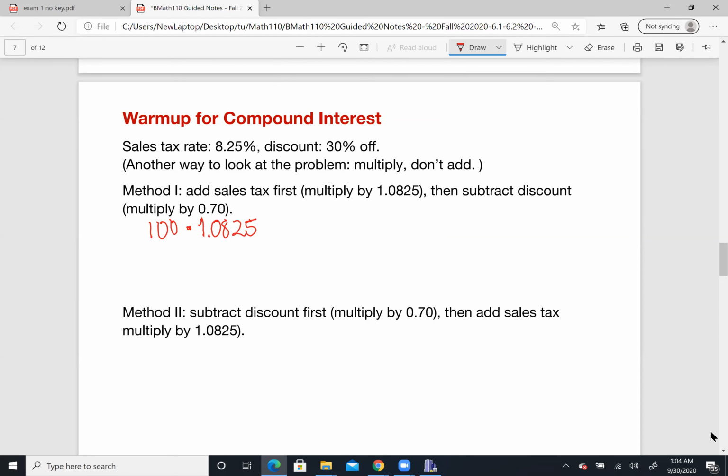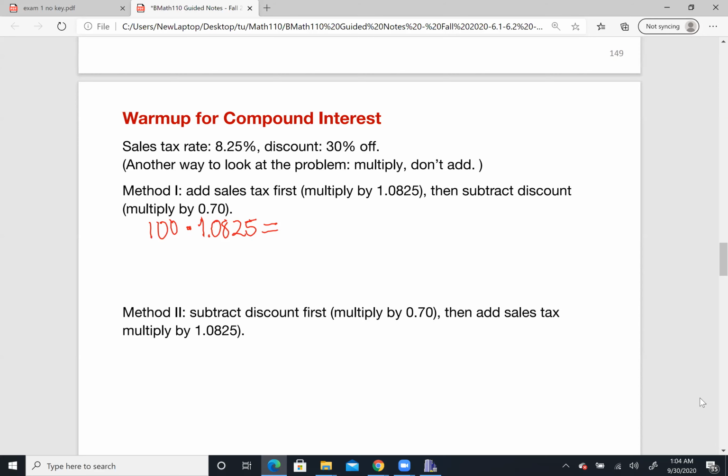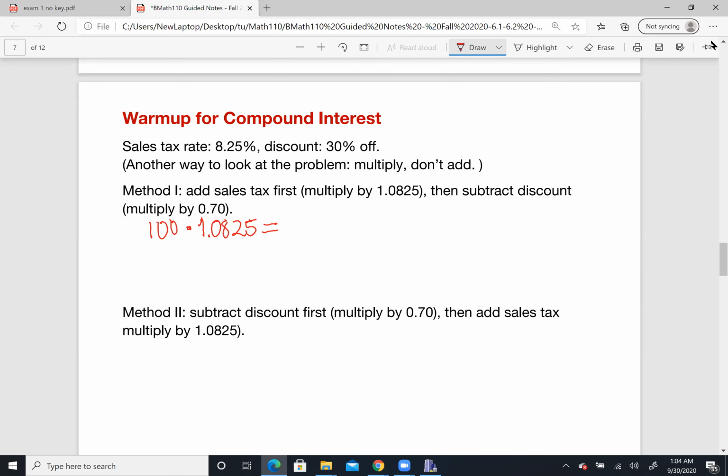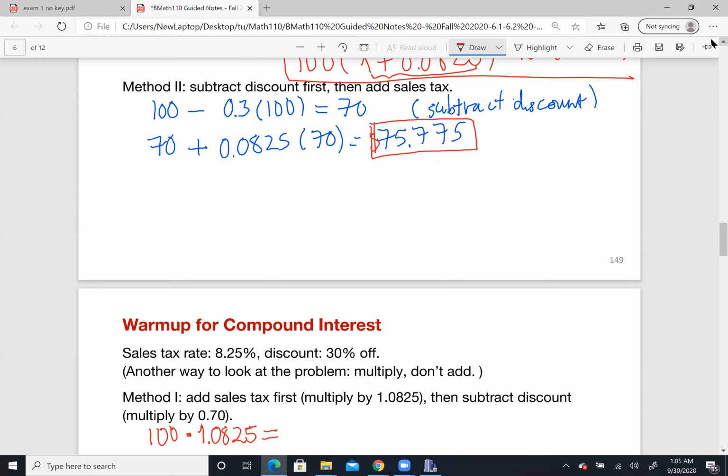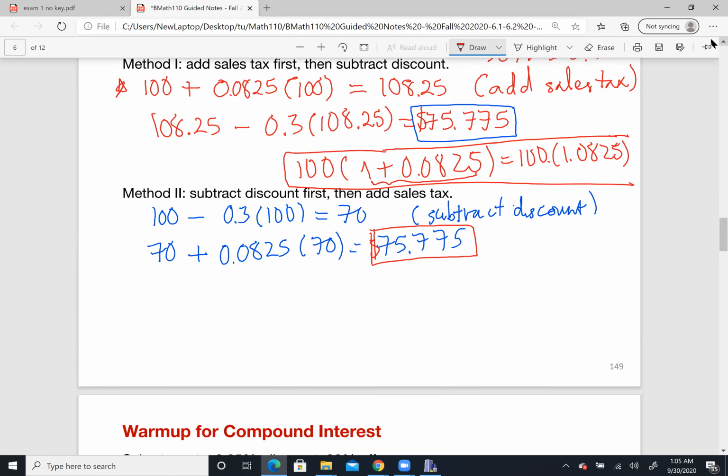And that will be equal to 108.25, right?